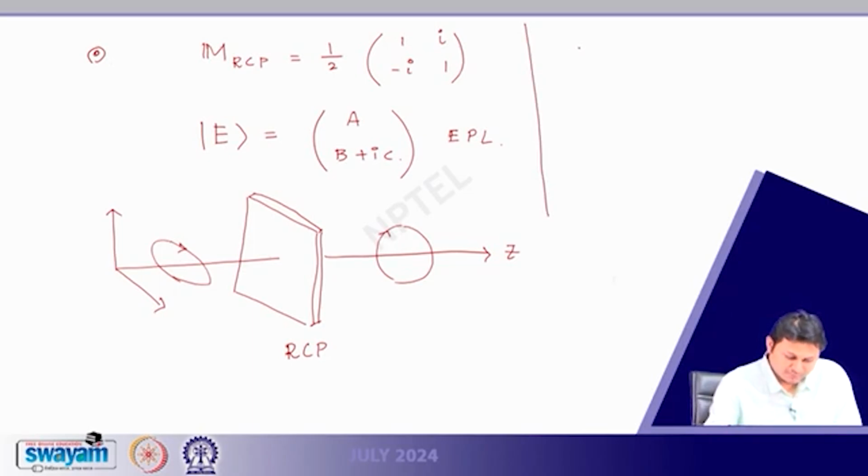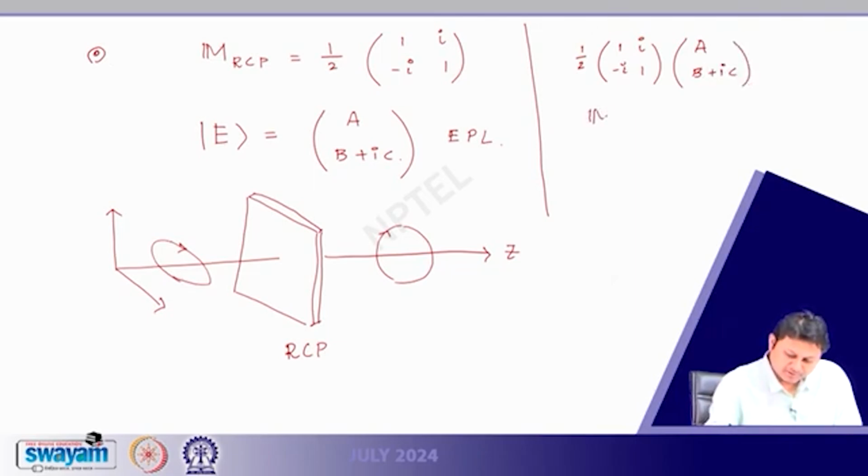So, what I do is I put this M value, half of [1 I; minus I 1], and this I put, which is A, and then B plus IC.